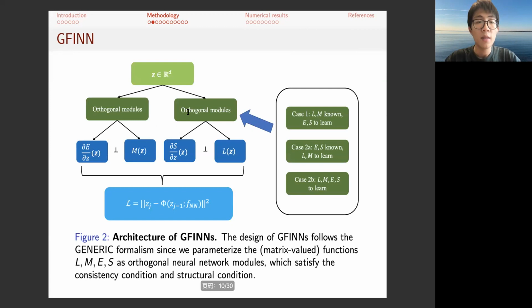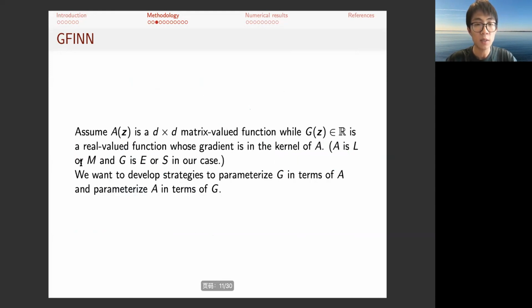The biggest problem that we encounter is that we have to strictly satisfy this orthogonality condition. We want to design neural networks for which this strictly holds. So we extract the question to be the following.